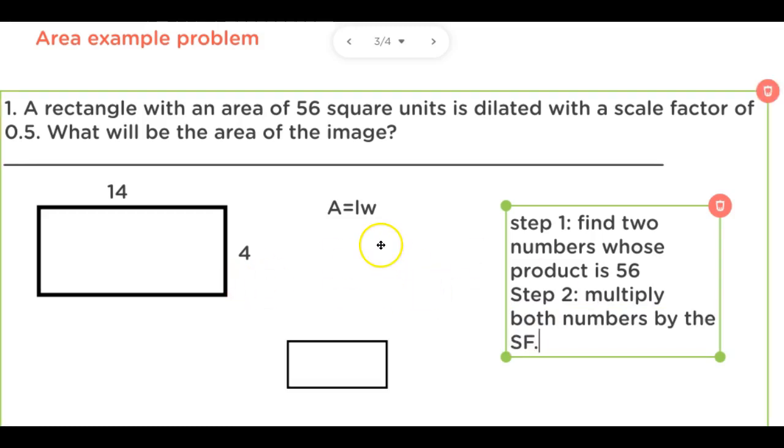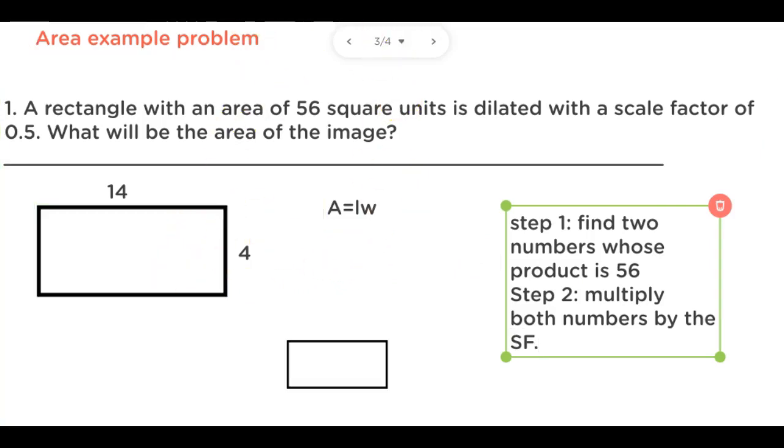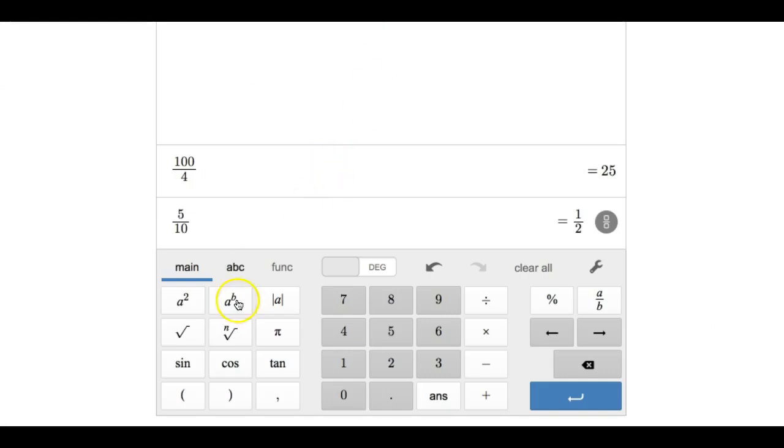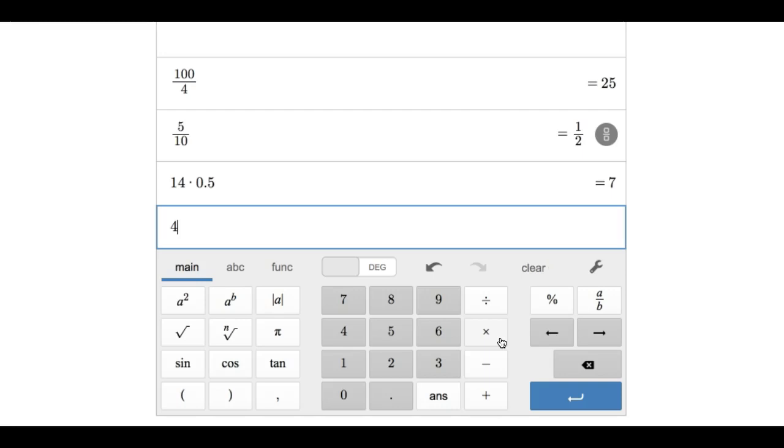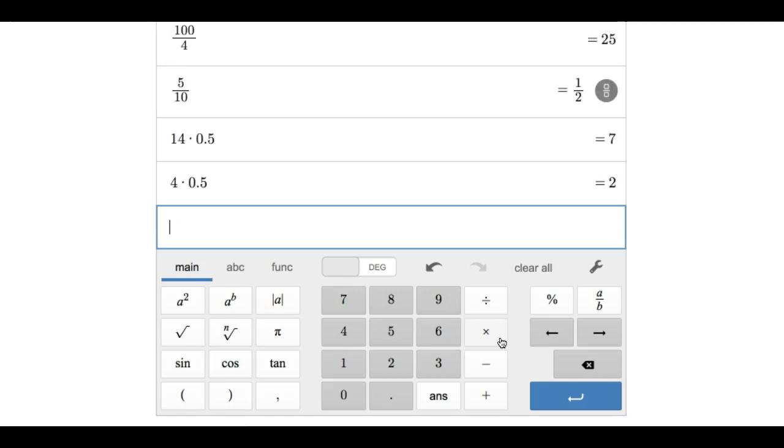So 14, and I'll use a calculator this one time, but I want you guys to use one so you don't make mathematical errors. 14 times 0.5 is 7. 4 times 0.5 is 2.